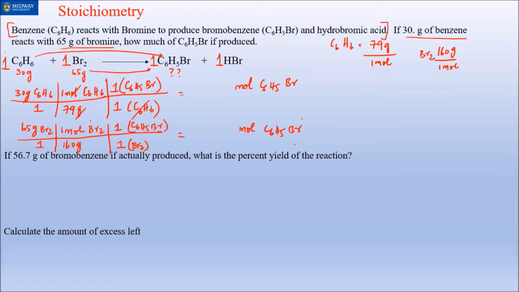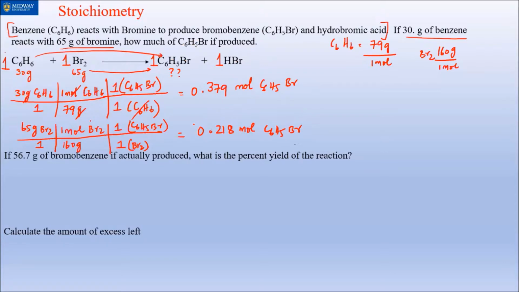So 30 over 79 is 0.379 moles, and 65 over 160 is 0.218. At this point, to determine how many grams of this are produced, you have to determine which of these two is the smallest.